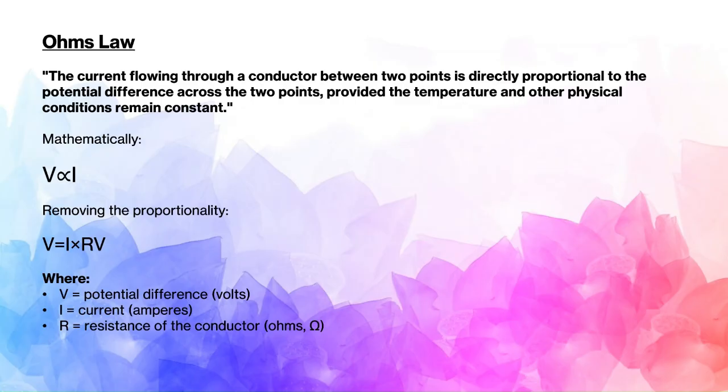Second thing is, this law is applicable when the temperature remains constant. Why? Because the resistance varies with temperature. So I'll come to this point, what is resistance and how it varies.